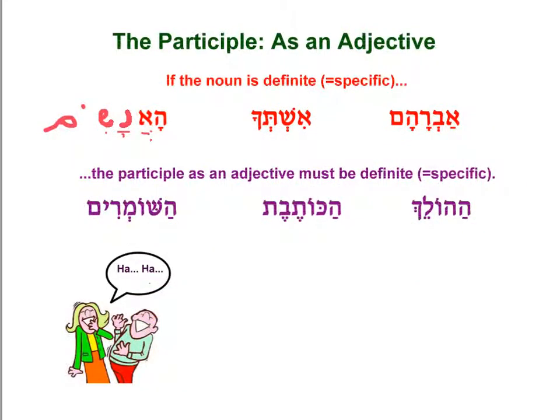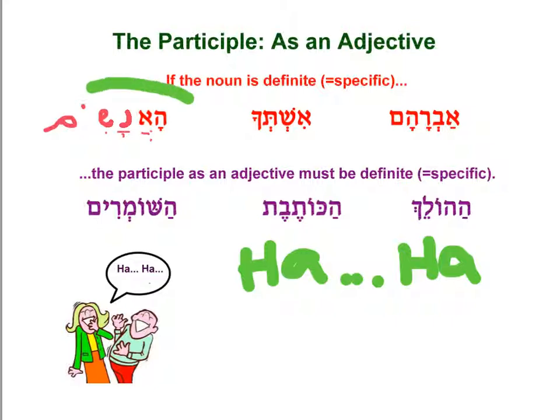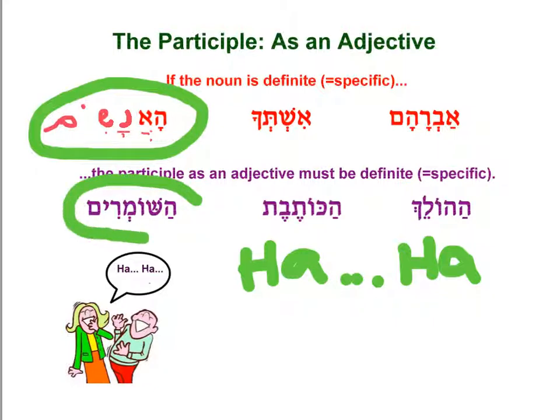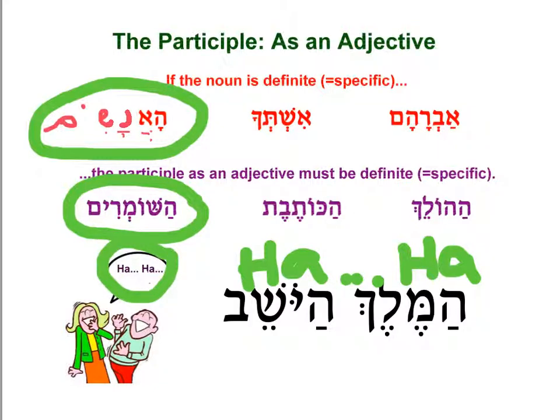I like to call this the ha rule. After the first category of definite nouns, when there's a ha prefix before my noun, like we have with ha'anashim, we see the second ha before the adjective ha'shomrim. So I like to call this the ha rule. And we could see it in the following example. Hamelech hayoshev.